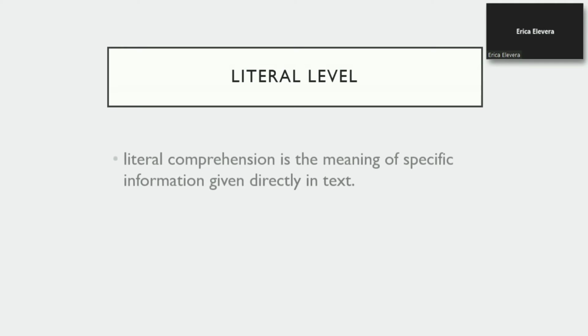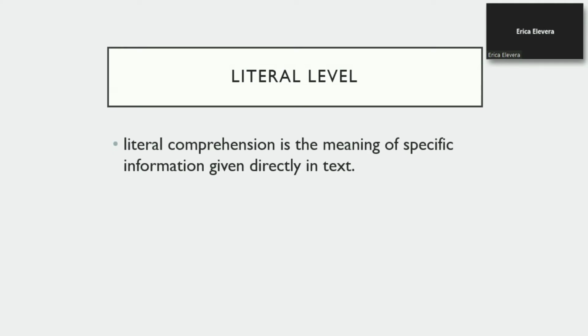Here is a simple analysis of comprehension that breaks the concept into 5 levels. The 5 levels are literal, interpretive, critical, integrative, and creative. So, literal level. Literal comprehension is the meaning of specific information given directly in the text.